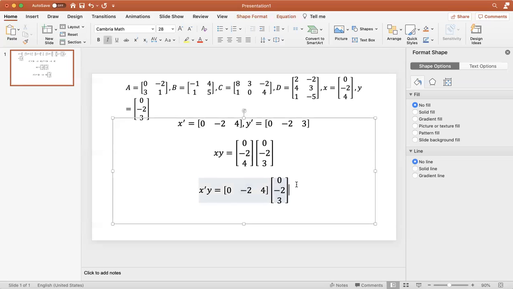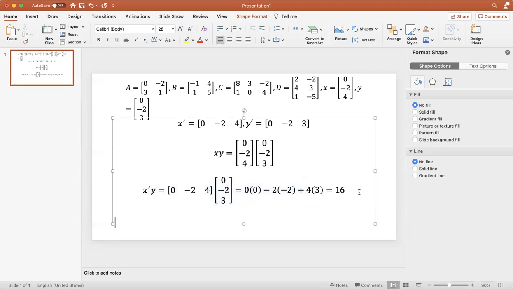Doing so, we have 0 times 0 plus negative 2 times negative 2 plus 4 times 3. The first term disappears. You have positive 4 here, and positive 12, so you have 16, right? So the resulting inner product would always be a scalar.